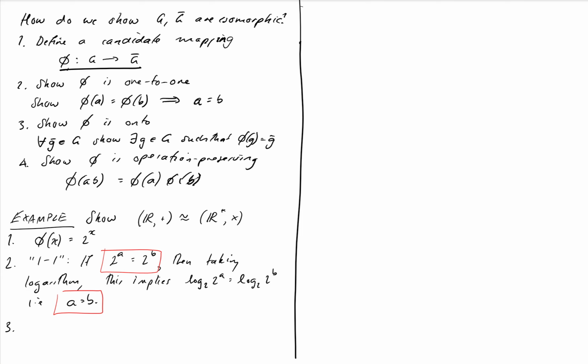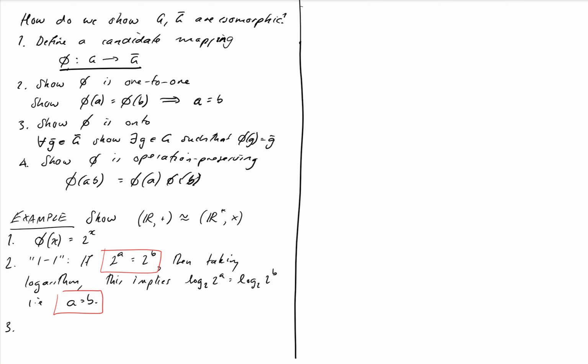Now we need to show that our map is onto. So again, that means we have to show that for every element G bar in G bar, there's a mistake on there, sorry, it should be G bar, we want to show that there is a corresponding G in G such that phi of G is equal to G bar. It's a lot of G's in one sentence.